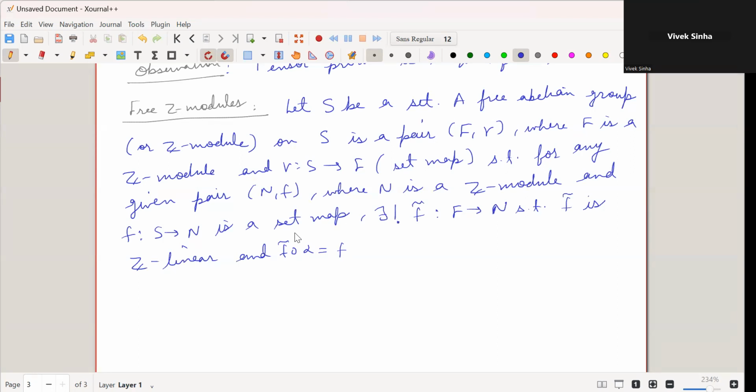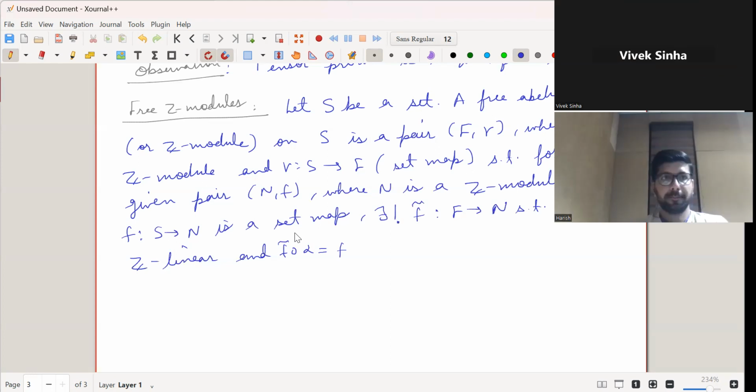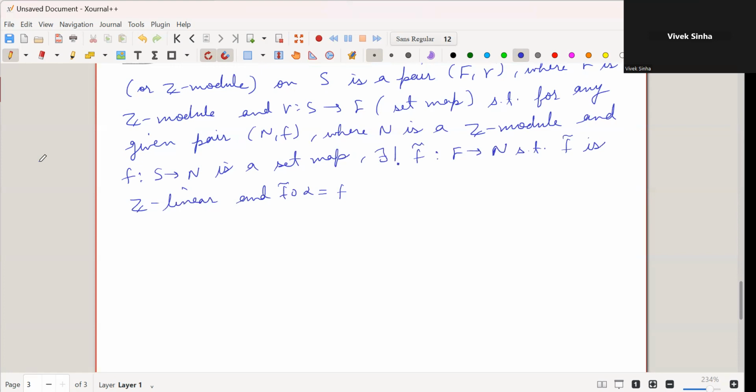So here also the free group satisfies a universal property.